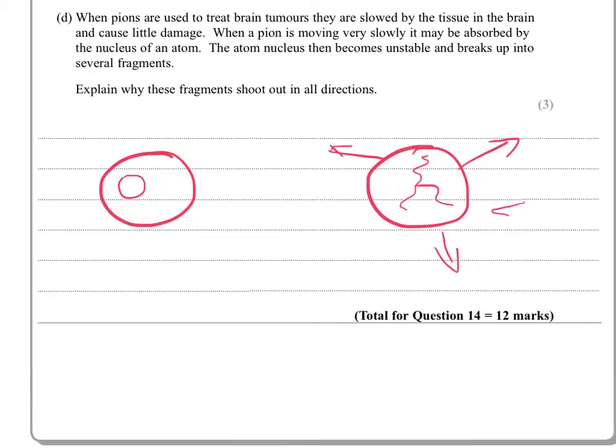That's really what you're trying to demonstrate, because momentum equals nothing at the beginning, so we would expect those fragments to equal nothing at the end when you add all their momenta values together. Total momentum before equals total momentum after, and before it was nothing, so after it's nothing.